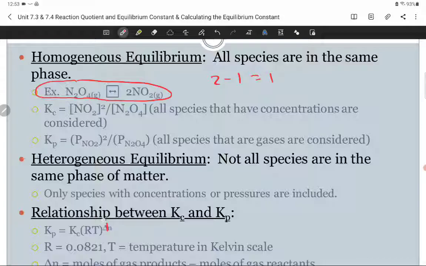There are definitely times where maybe we had this reaction, 2 NO2, gases, going to N2O4. Well, that means we have 1 product minus 2 reactants, gases, so that answer comes out to be -1. If you raise something to the -1, basically you're just taking the inverse of it. So that can happen.